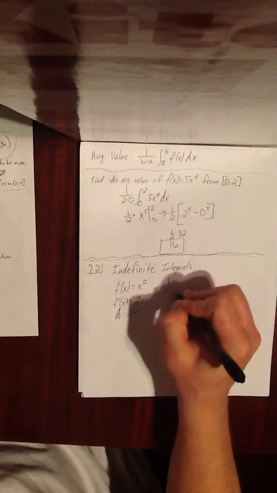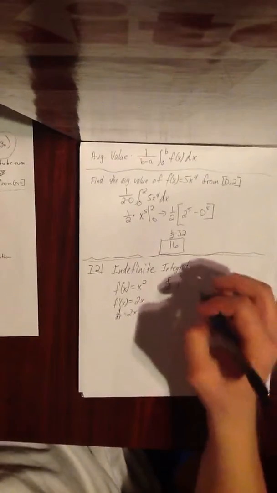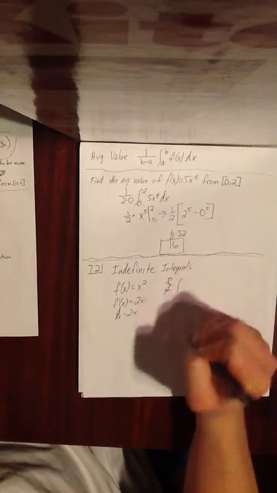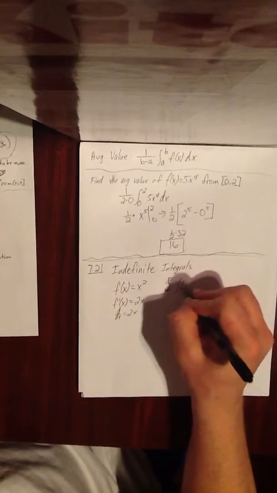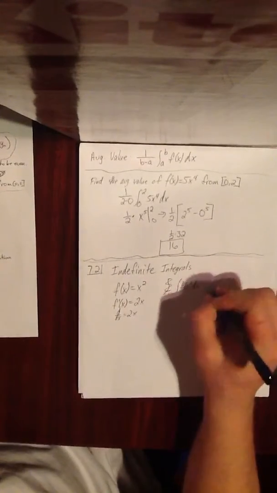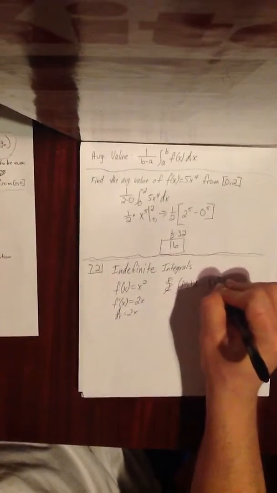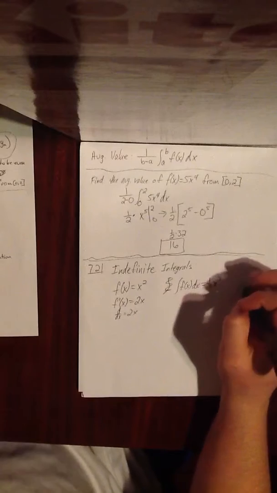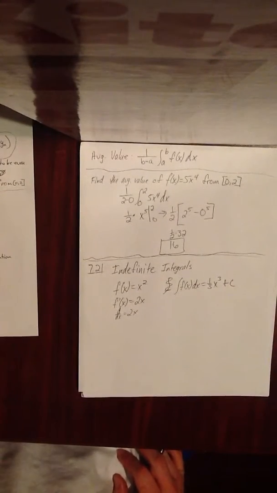So it's just the integral sign. Integral sign with no numbers. So here I would write the integral of f of x dx equals, and if I'm doing that one, 1/3 x to the third plus c. In this case, when you do indefinite, you do need the plus c.